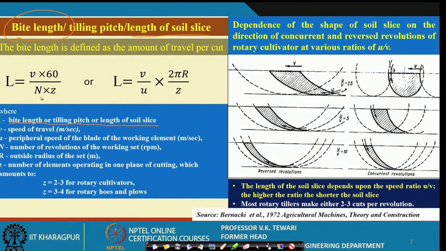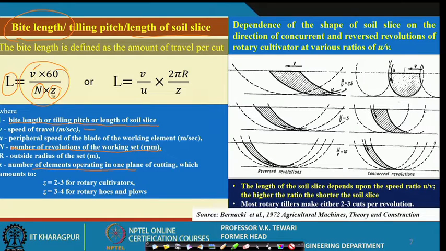If n is the number of revolutions of the working set, and j is the number of working elements in a plane, then with v being the velocity, the travel speed in the forward direction, we can simply get L, the bite length, as given here.